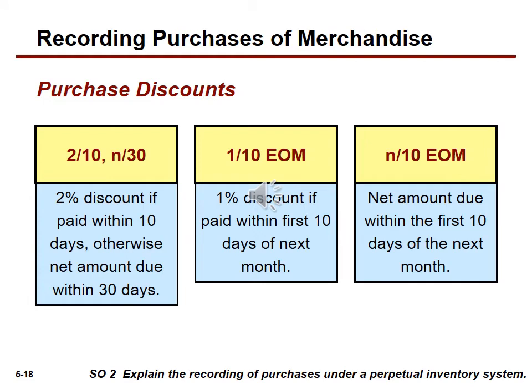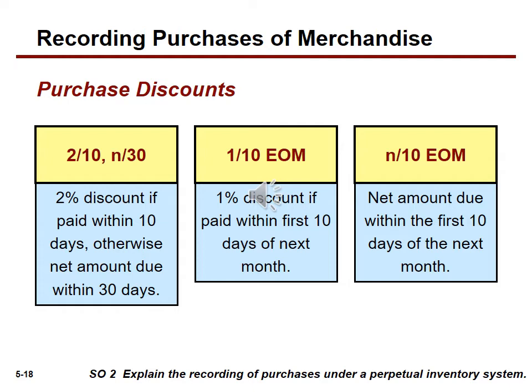On this slide, you can see a few examples of different credit terms. The first one is identical to the one we just covered in the previous slide, so 2/10, n/30, basically meaning that you get a 2% discount if paid within 10 days. Otherwise, the net amount is due within 30 days. The second one is 1/10 EOM.